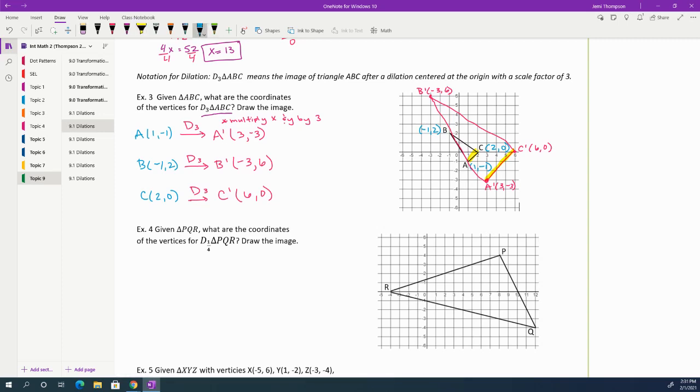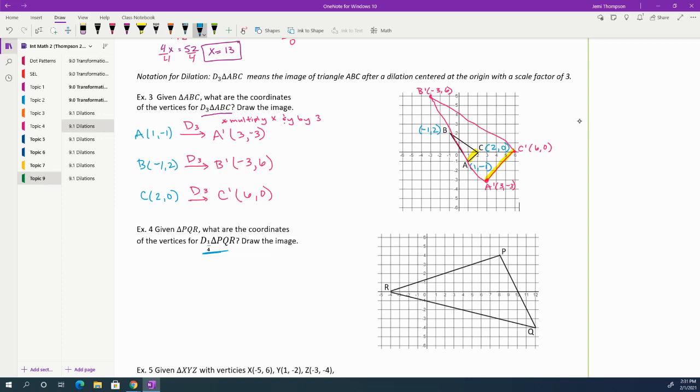Example 4 is the same type of problem. Now I have a large triangle with a dilation of 1/4. Since that dilation is smaller than 1, my image is going to be smaller than the pre-image. So we start the same way.